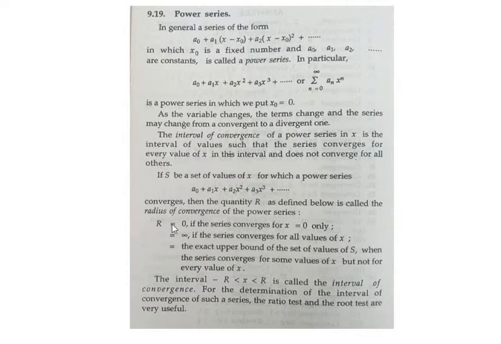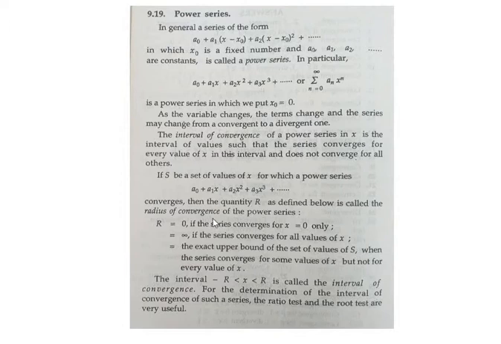So all this says that if we have a power series of this form, we need to calculate this quantity R, and depending on its value, we can say whether the power series converges, and if it converges, for which values or what range of x. This R is called the radius of convergence.